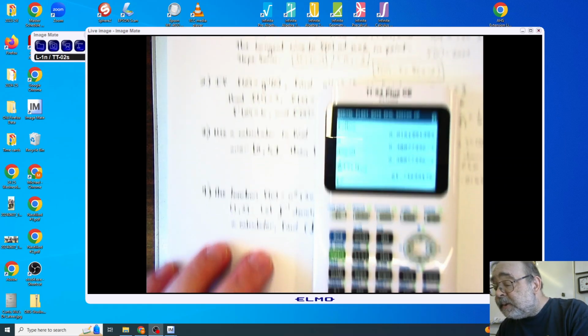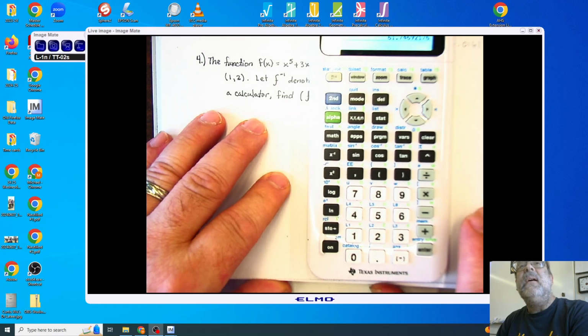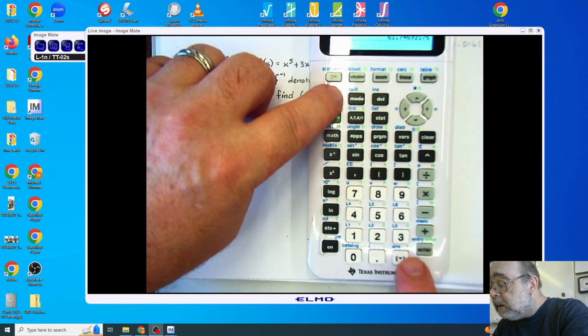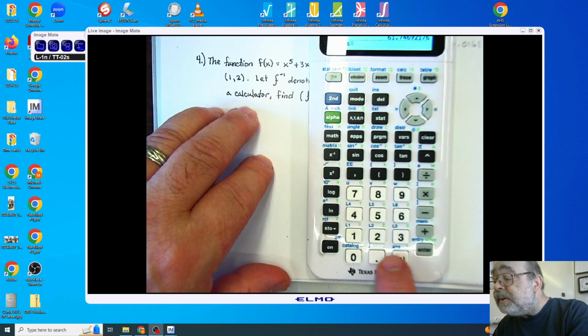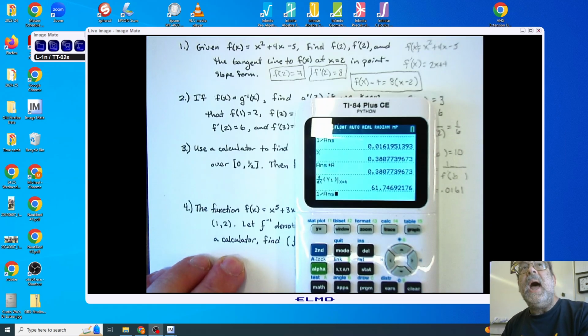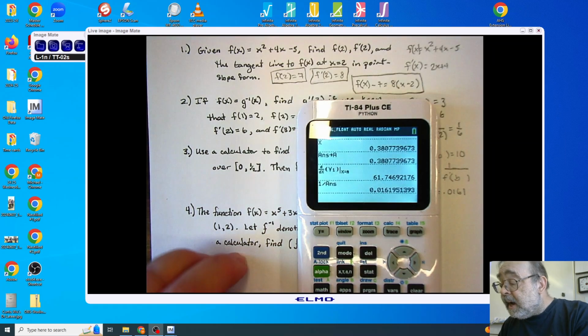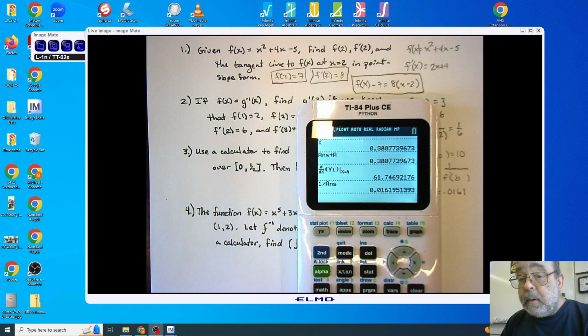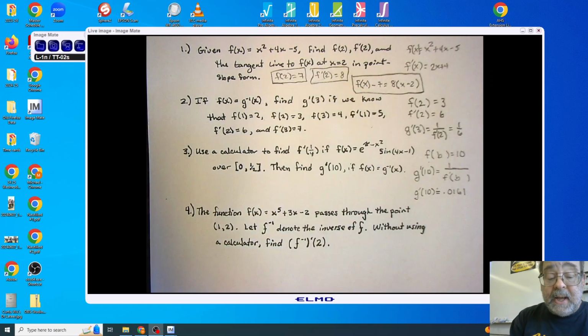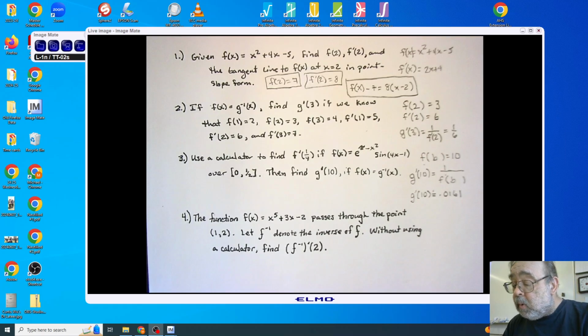The answer is second negative, so second negative gives me ANS. When I hit enter now, I get the same derivative. Okay, so notice this is using your calculator to find the inverse of a function that we do not yet know. All right, let's go ahead and take a look at the last and final question.